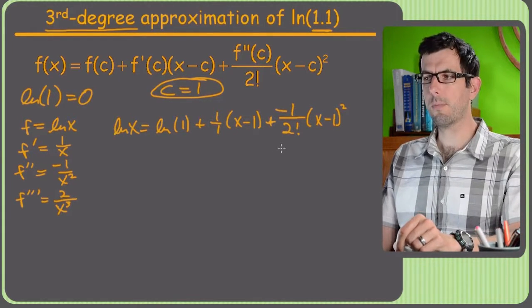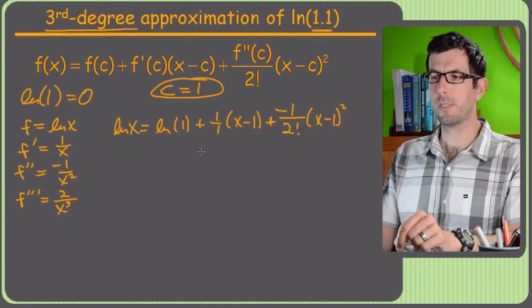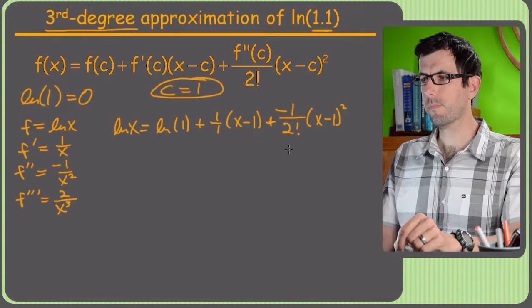And I need that cubic term, which is triple prime of 1. It's going to be 2 over 3 factorial x minus 1 cubed.